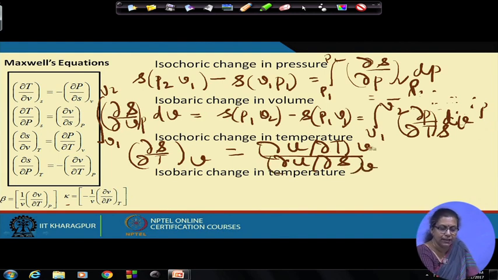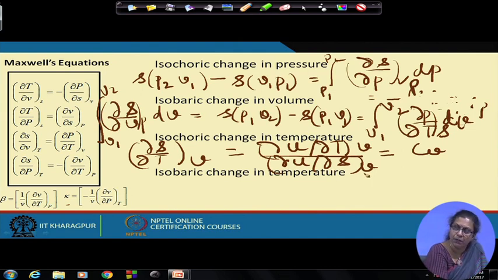What is del U del T at constant V? We have already discussed the specific heat capacities at constant volume and constant temperature. What is del U del S at constant V? Remember the differential equation dU equals T dS minus P dV. From there we find del U del S at constant V is nothing but equal to the absolute temperature, right.